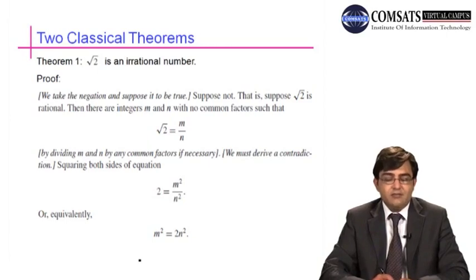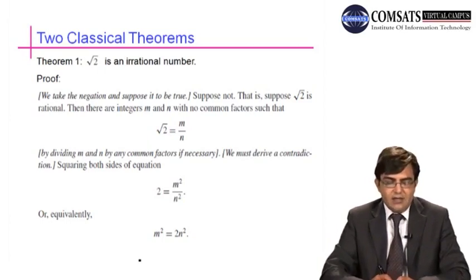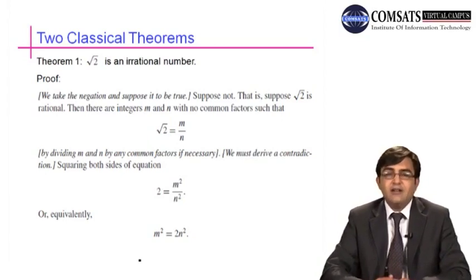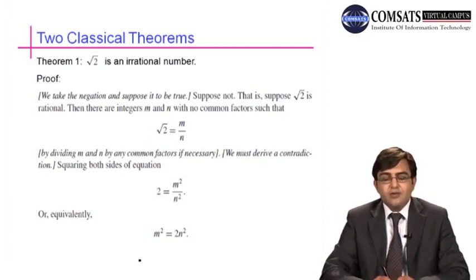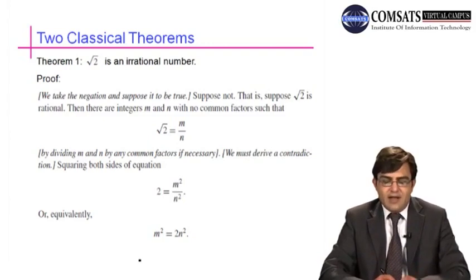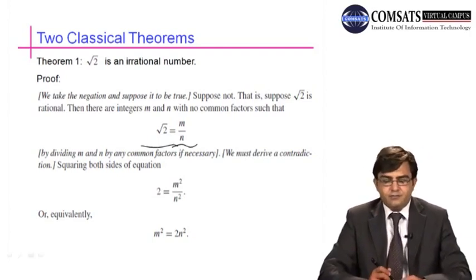As usual, by the method of contradiction, we suppose that square root of 2 is not an irrational number. If a number is not irrational, then it must be rational. We already know this. So we suppose that root 2 is rational. If root 2 is rational, then we can write root 2 as the quotient of two integers m and n, as we have written here.